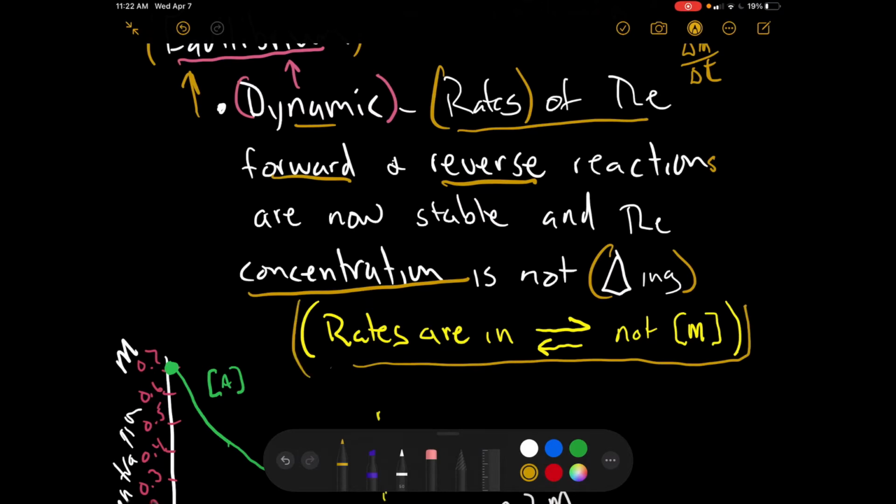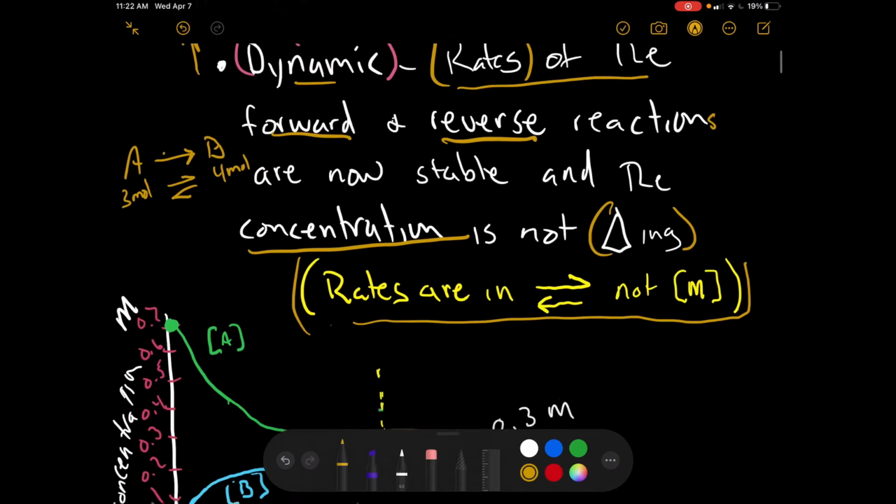You could have A yielding B, and you could have 4 moles of B and 3 moles of A, and they could still be in equilibrium because we're dealing with the rates, how fast that reactant is turning into the product, how fast that product is turning back into the reactant.